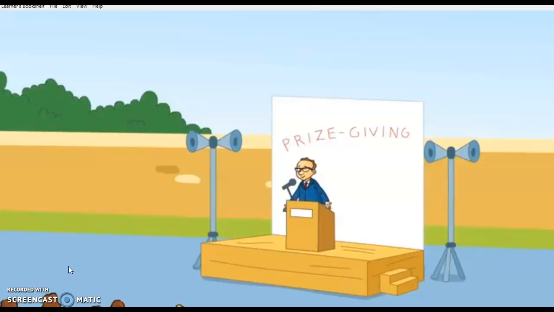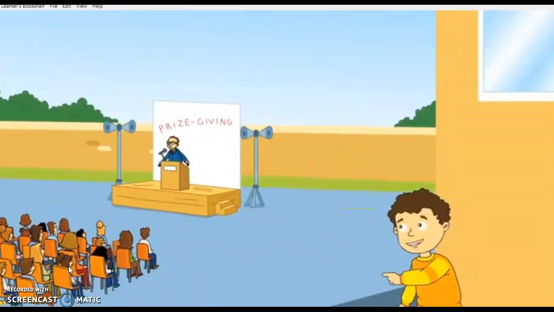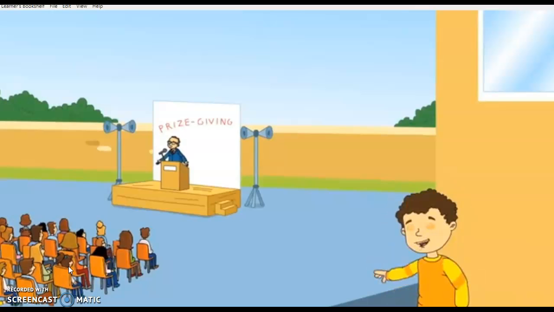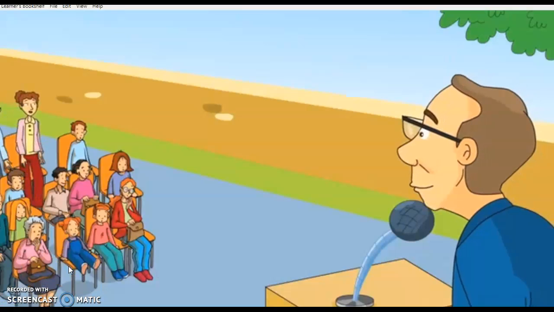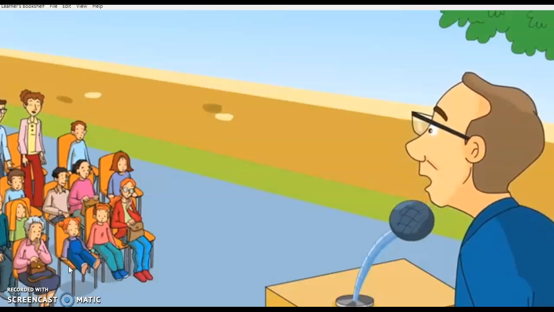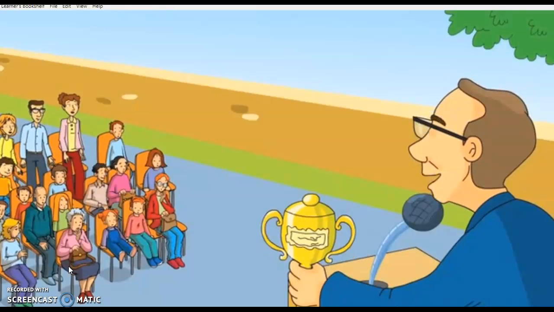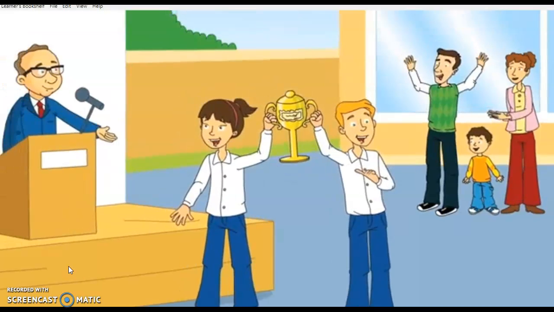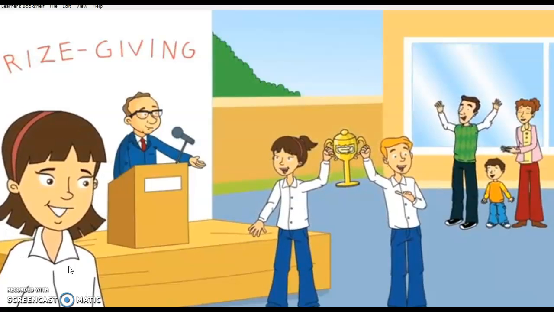The prize giving was in the playground. Look, lots of men, women and children. There was a prize for English. The prize goes to Rosie and Tim. Well done. We were the winners. It was a great day.